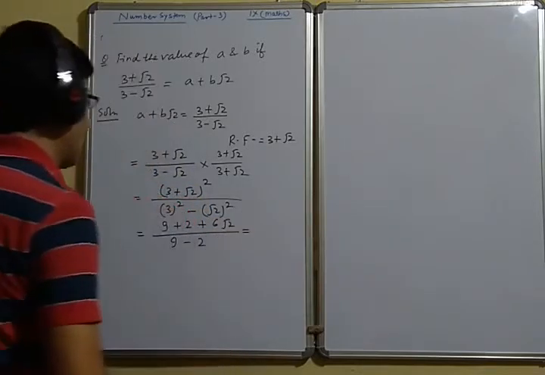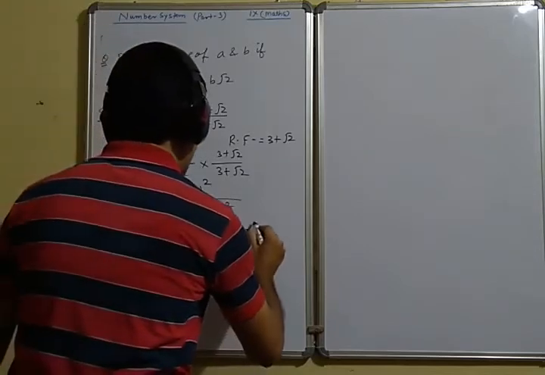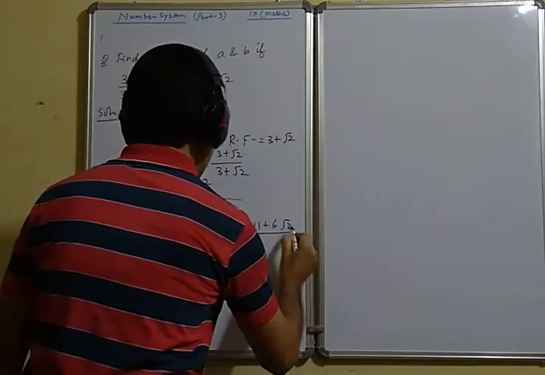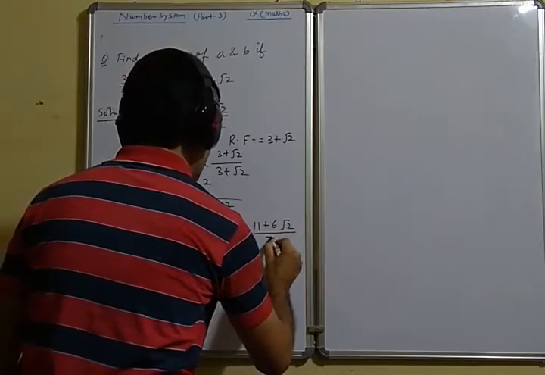After simplification we get 11 plus 6 root 2 divided by 9 minus 2, that is 7.